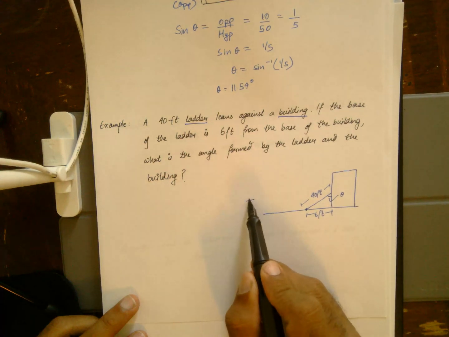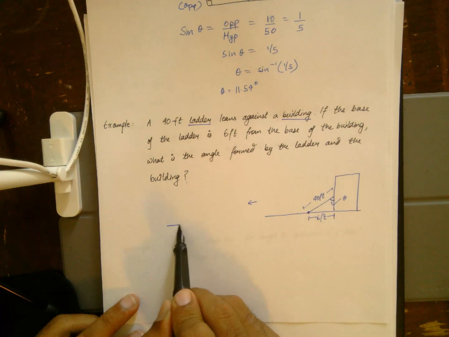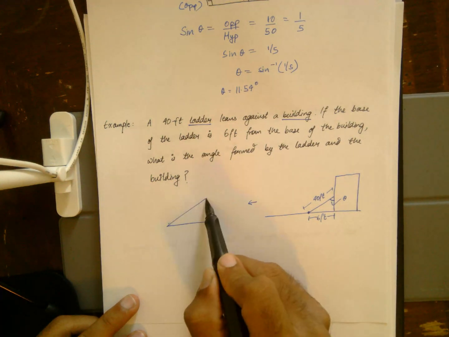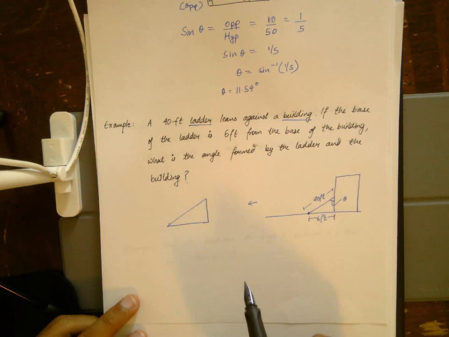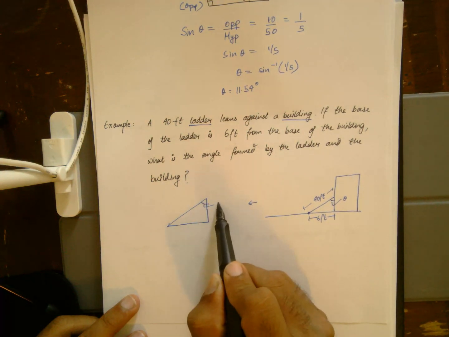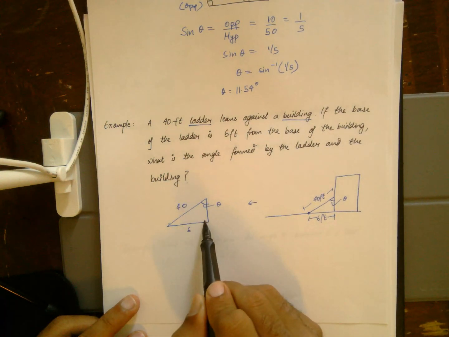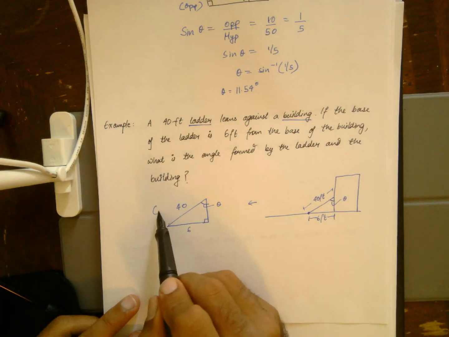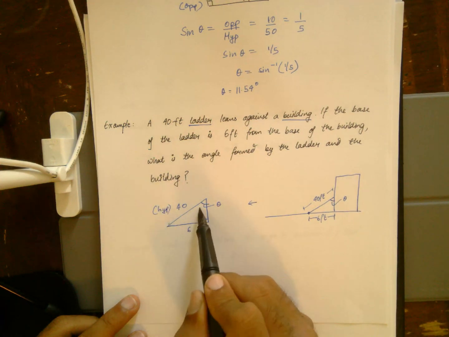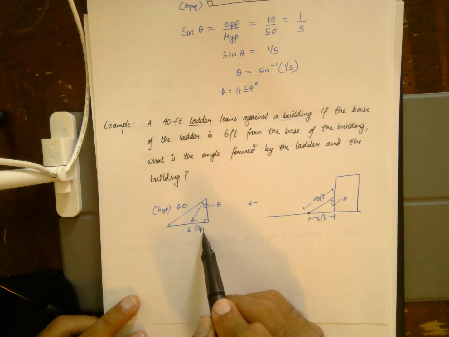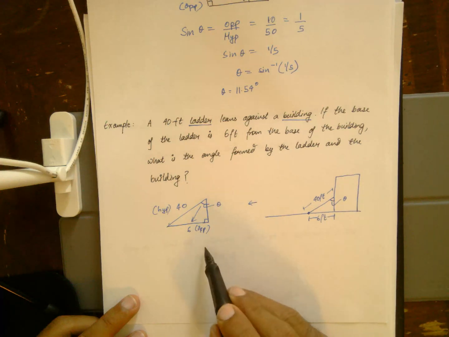Next step, I'm going to redraw this as a triangle, just abstracting all the information. Theta, 6, 40, 90 degrees. Label the sides: hypotenuse, opposite. So it's again sine theta.